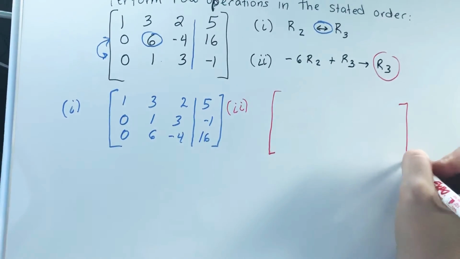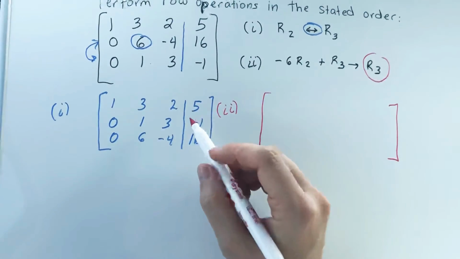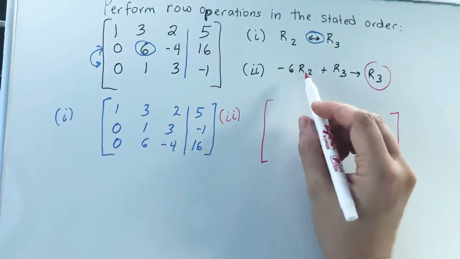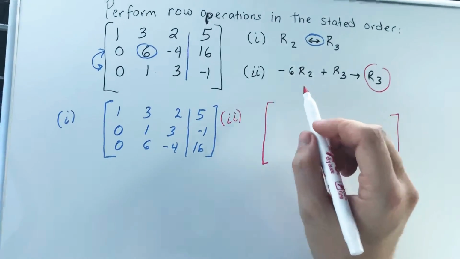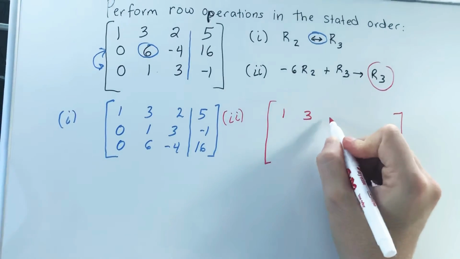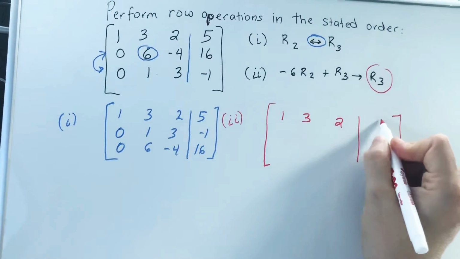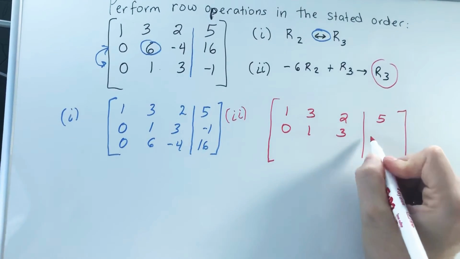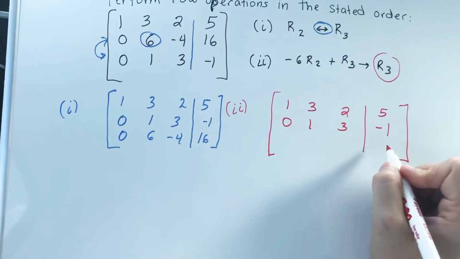Rows 1 and 2 should stay the same. So I can copy rows 1 and 2. Really? I thought I was changing row 2. Not in the end. That's just an intermediate step, a row operation. So I'm going to copy rows 1 and 2 first: 1, 3, 2, 5, 0, 1, 3, -1.